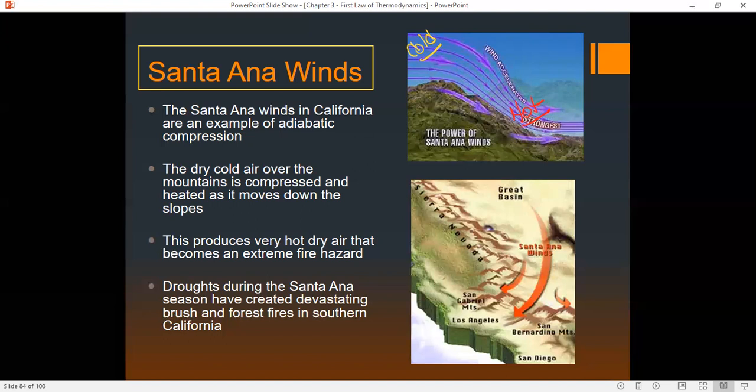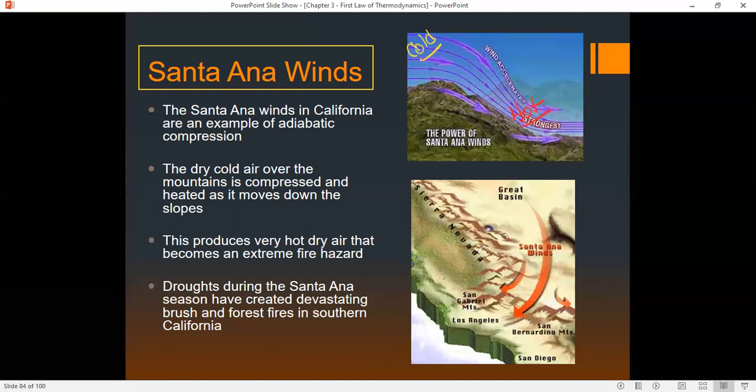And of course, this is really not such a great thing for wildfires, because coming from the mountaintops, they're really carrying very little water moisture with them. Now, the air not only is very dry, it's very hot, and it can create tremendous wildfire problems in these areas. So there's your opposite effect right there.